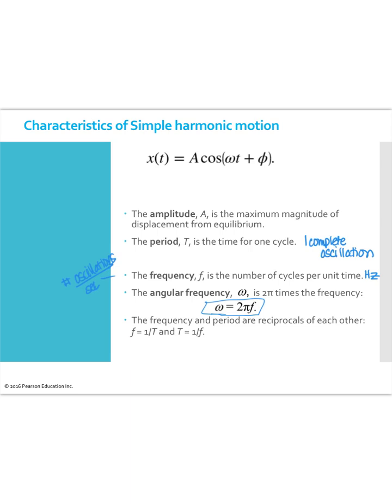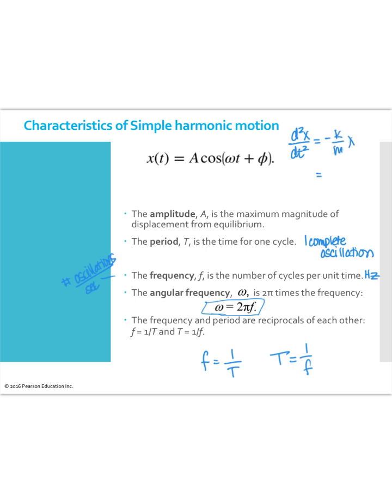And then finally, the frequency and the period are inversely related to each other, so that if I can figure out what one is, then I can find the other one. And something that I forgot to mention when I was showing you how you got this expression, remember we had d squared x dt squared was equal to minus k over m x.